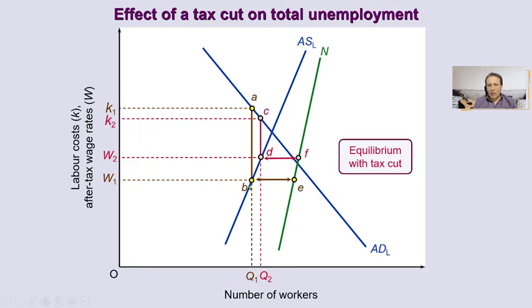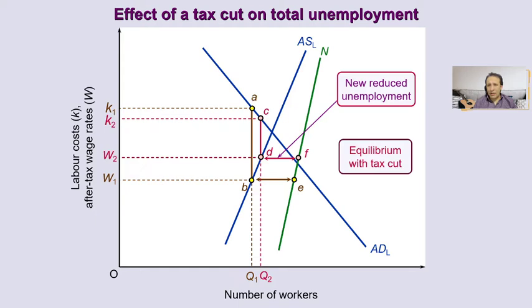Yes, if we compare, the segment BE is larger than the segment D. So as a result, you can see that after a tax cut, graphically, obviously, the intuition is in there.